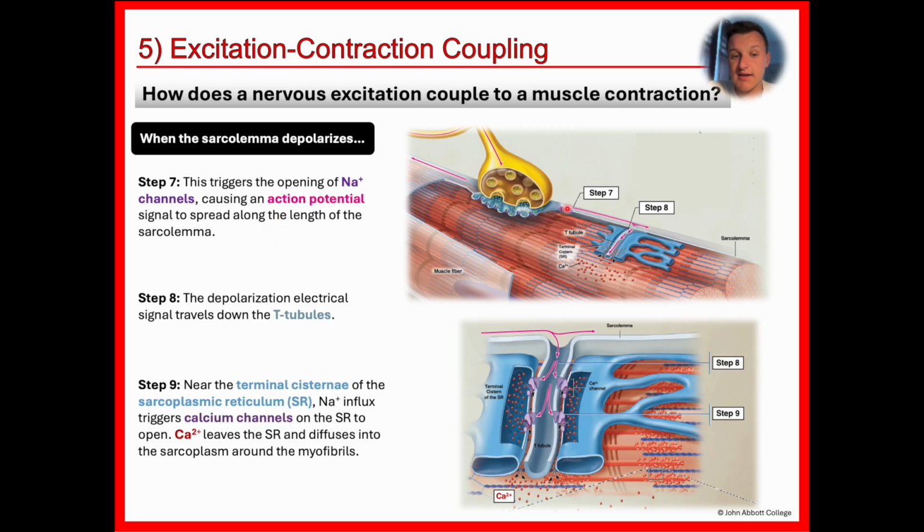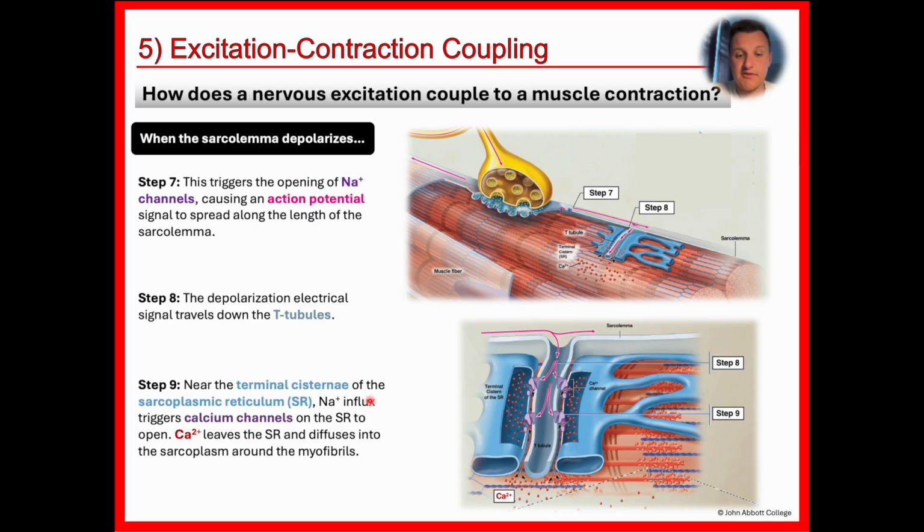That electrical wave, you see in step 7 here, travels on both sides of the muscle and keeps going through. Then in step 8, the depolarization of that electrical signal will travel down the T tubules, deep into the muscle. It'll even go deep into the myofibrils, to the ones even in the middle.